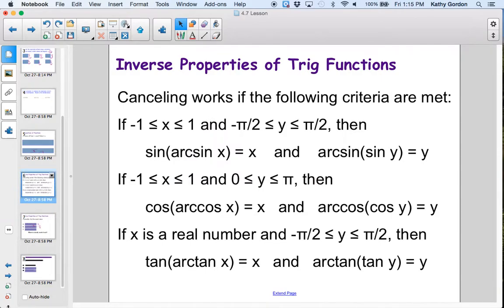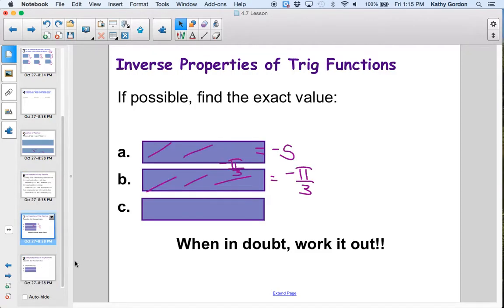When cosine is on the outside and the inverse cosine is on the inside, what is the restriction on x? Inverse cosine doesn't work on angle measures, it works on the result measures.